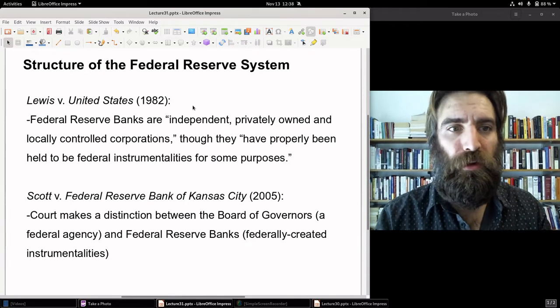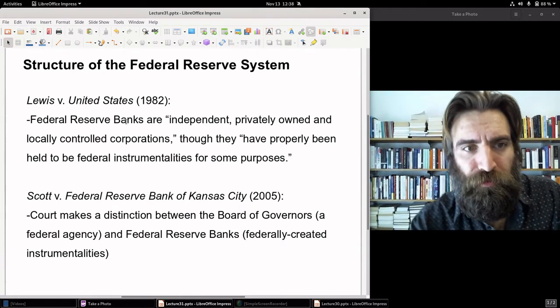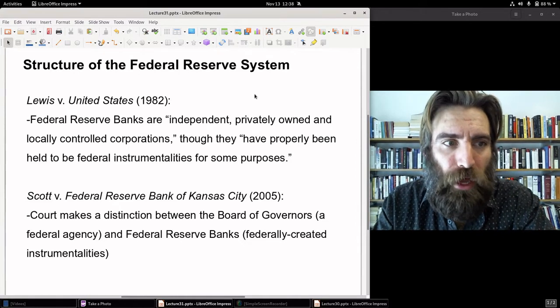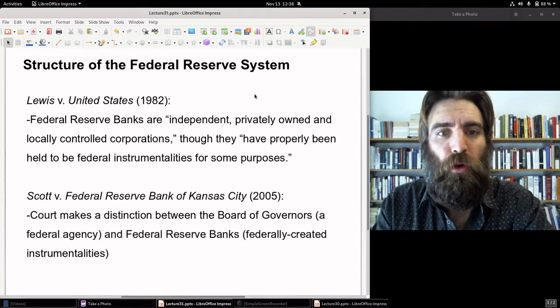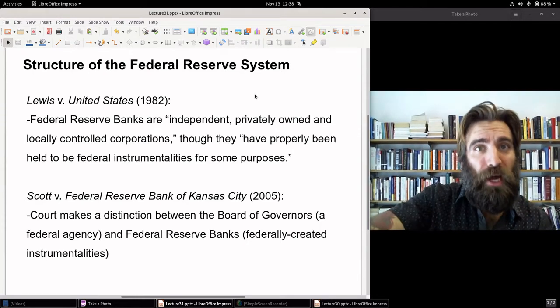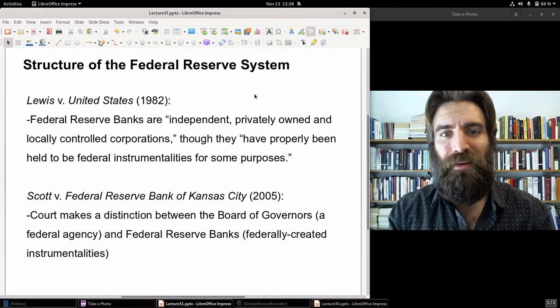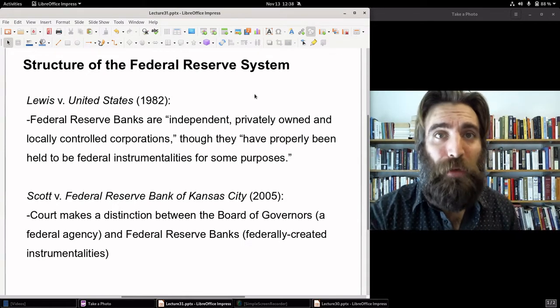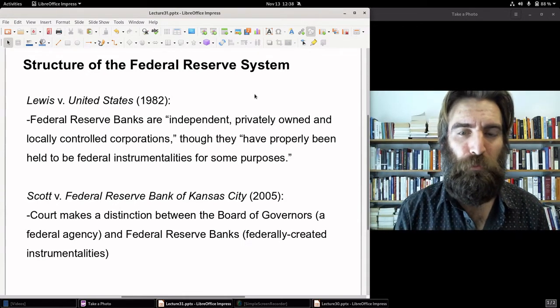Without going into details of that case, the court concluded that the 12 Federal Reserve banks are, quote, independent, privately owned, and locally controlled corporations. Nevertheless, this is where the nuances come in, they have properly been held to be federal instrumentalities for some purposes.